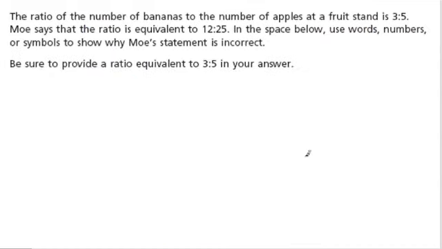Let's look at one more example. When they give us problems like this, I always try and write in what the subject of the problem is, which happens to be bananas. So the number of bananas to the number of apples. I love apples.